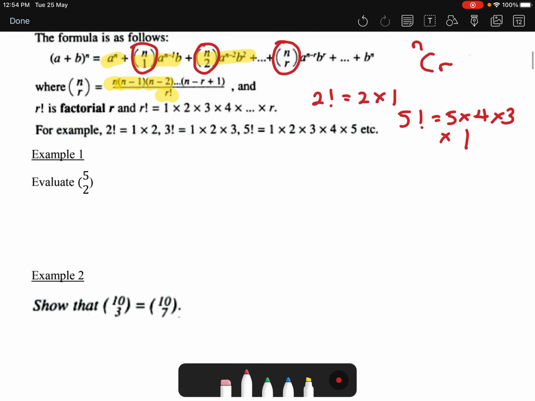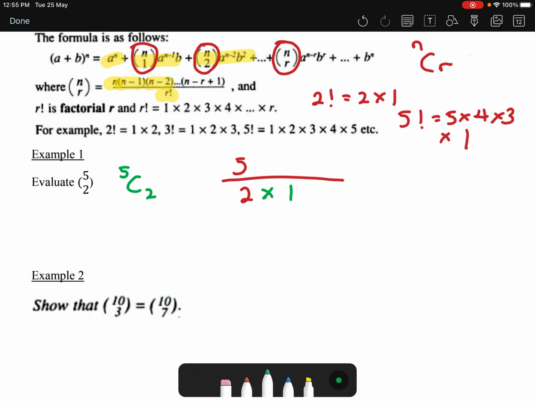Example 1, evaluate 5 choose 2 without using any calculator. On top we put 5, and at the bottom we put 2 factorial. 2 factorial is basically 2 multiplied by 1. You see that there are 2 terms at the bottom, so the top must also have 2 terms.